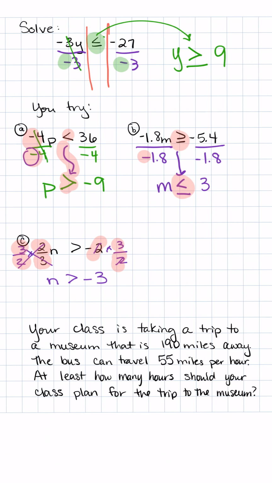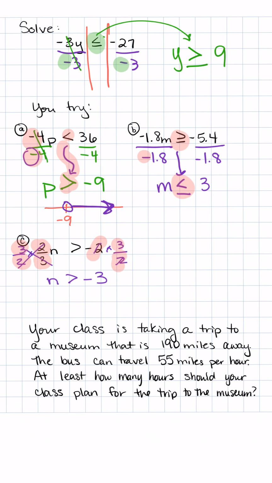I do want to also talk to you about, previously we had talked about graphing these. They are going to ask you to graph some of this. So if you look here, we have -9, and it's an open circle because it's not equal to, and P is greater than -9.